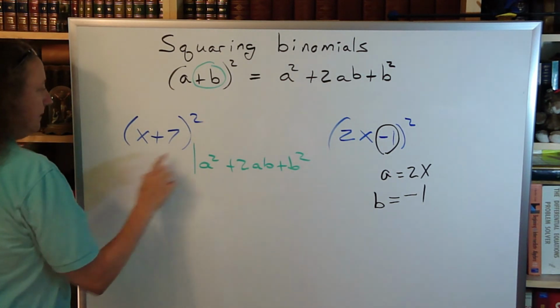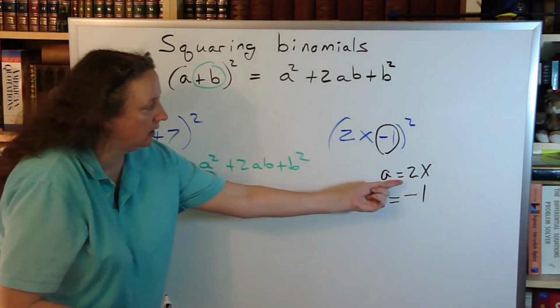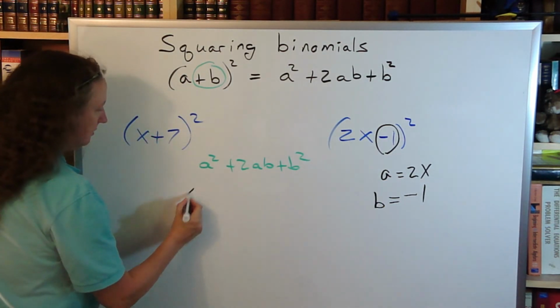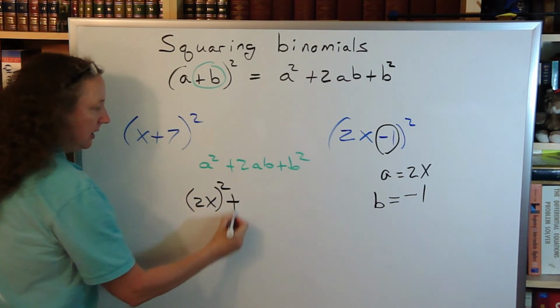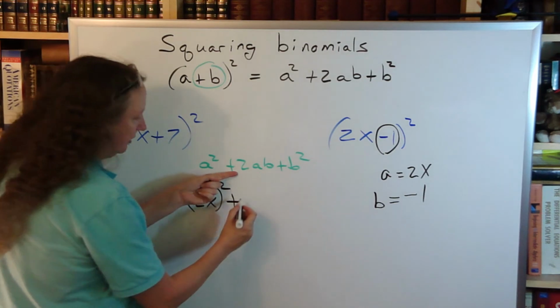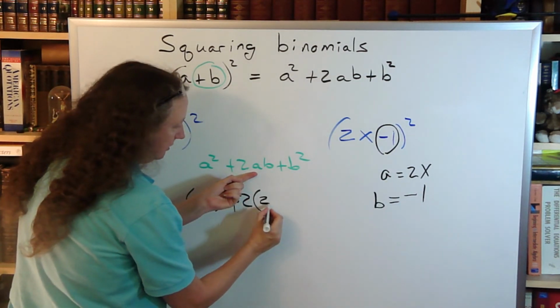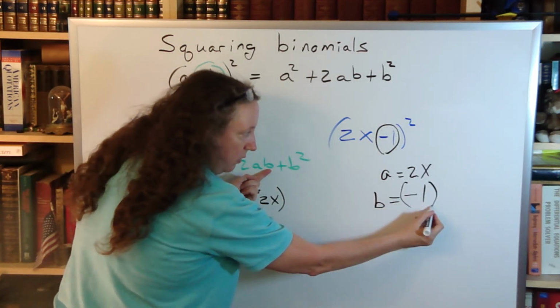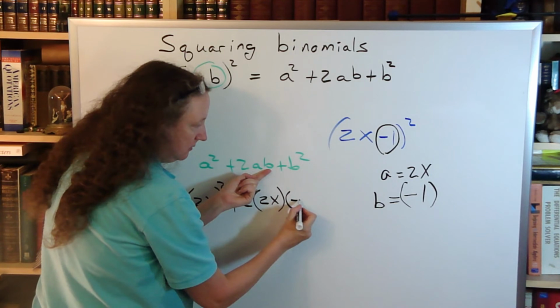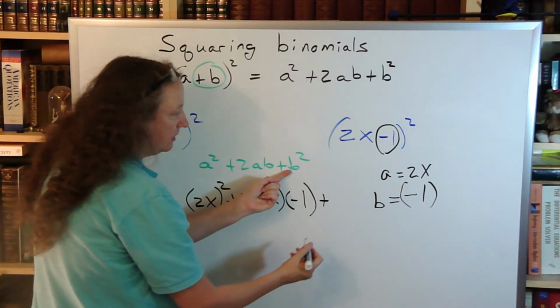So I have a squared, 2x squared, plus 2 times a, 2x, times b, the whole negative 1 there, plus b squared.